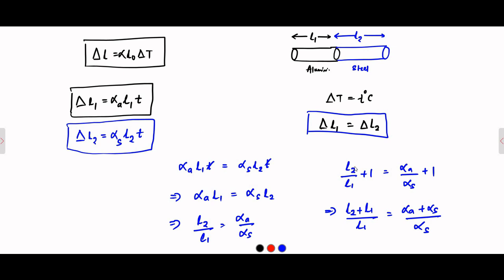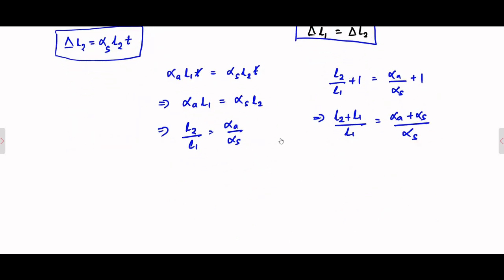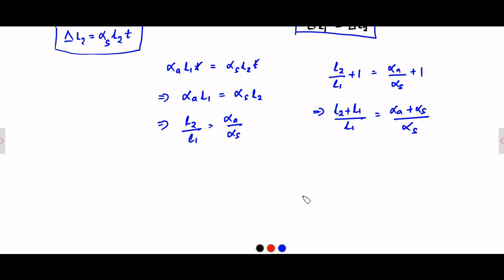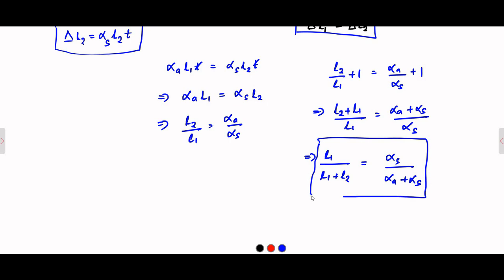Now we are asked to find L1 by L1 plus L2. So simply taking the reciprocal, that implies L1 by L1 plus L2 is equal to alpha S by alpha A plus alpha S. This is the answer.